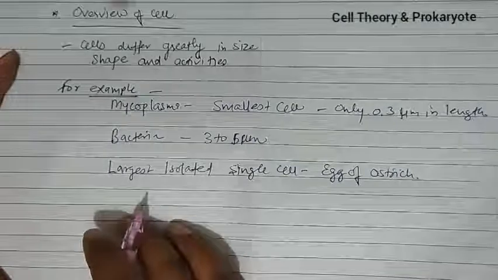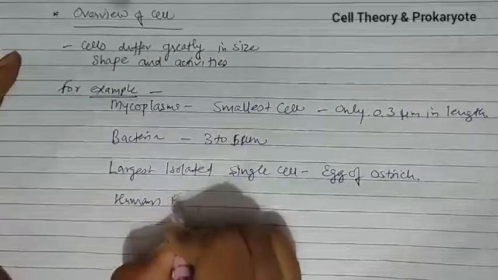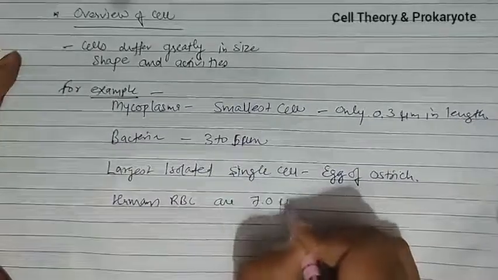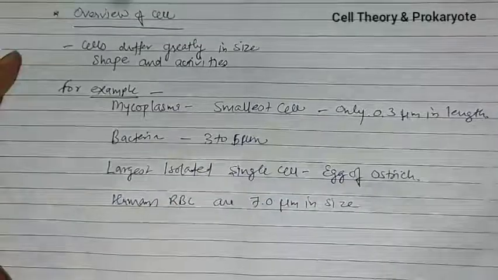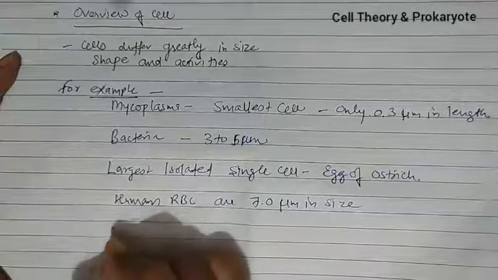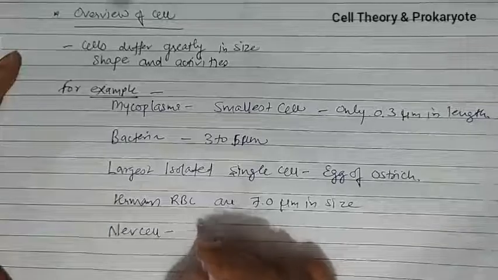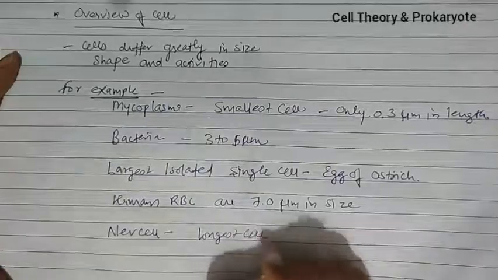Among multicellular organisms, human RBCs are 7 micrometer in size. Nerve cells are some of the longest cells.